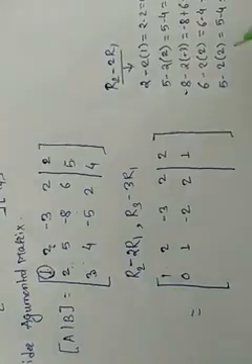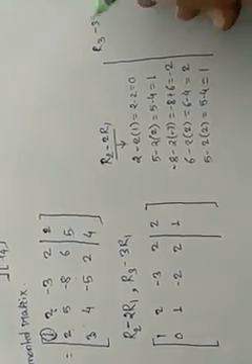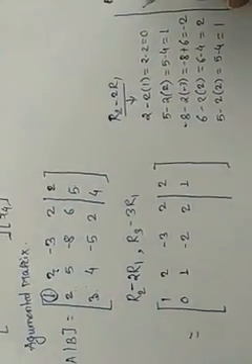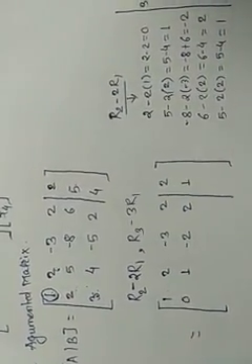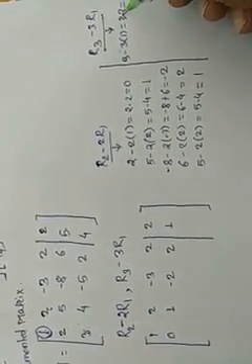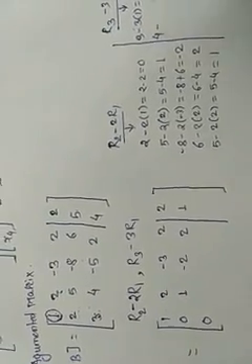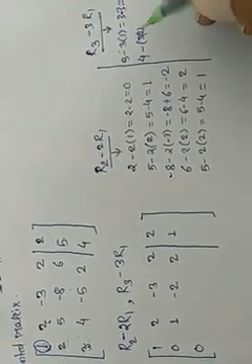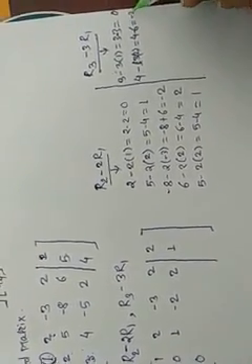Next, the same for R3 minus 3R1. Here 3 minus 3 into 1 gives 3 minus 3, equal to 0. So the first value is 0. Next, 4 minus 3 into 2 is 4 minus 6, which gives -2.